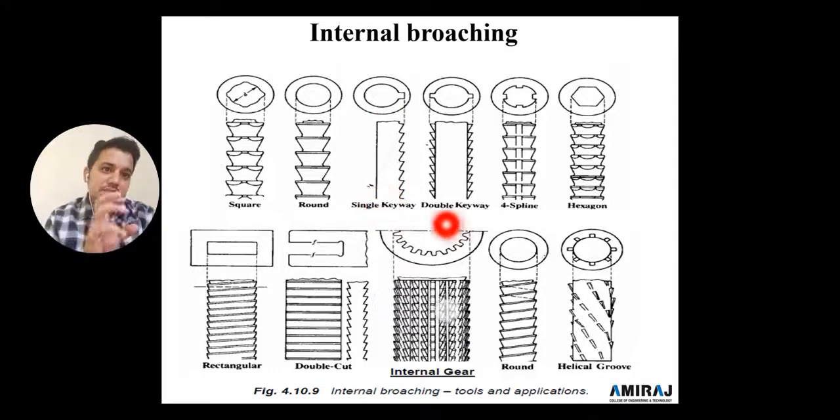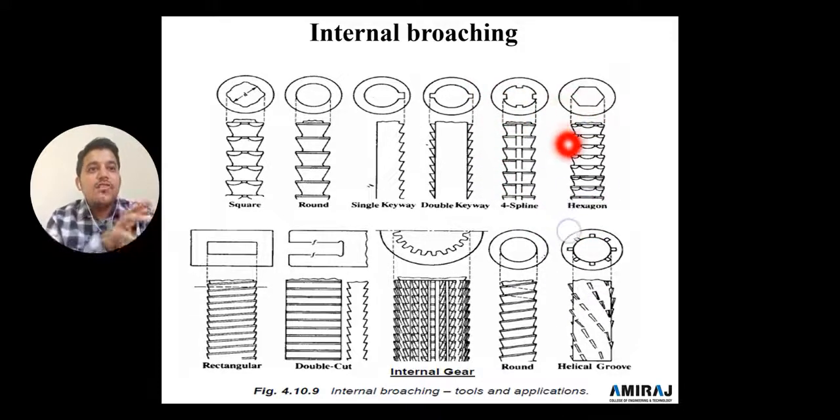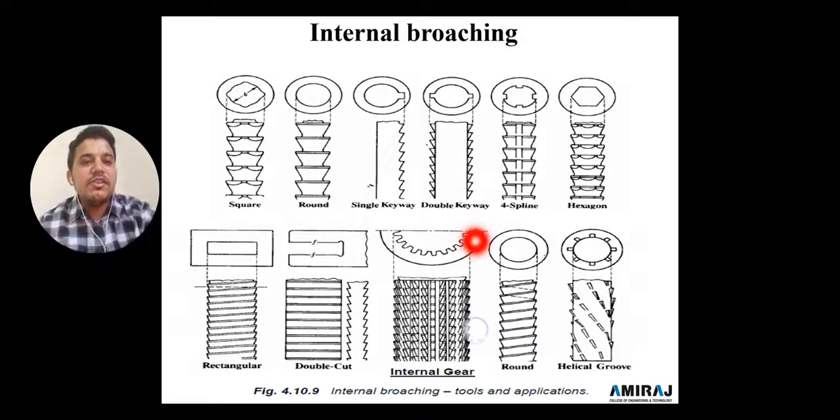There is a double side keyway, so we are using double side hacksaw type blades. These are four splines, you can observe here properly in the cross section area, and this is the hexagon.